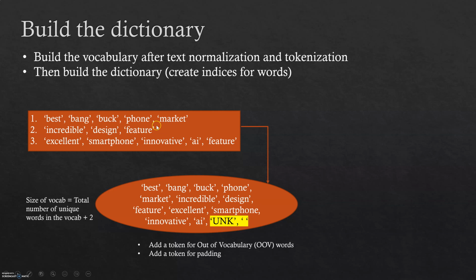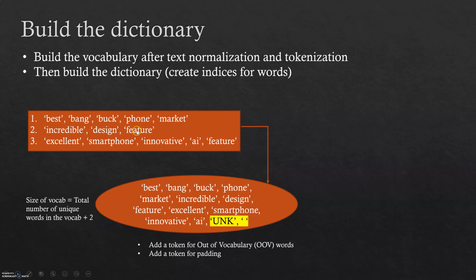The empty string is used for padding. As you can see here, these three inputs are not of the same size, but in order to feed input to the deep neural network, usually we need to have all of the inputs of the same size. So the third input contains 5 words, and the first input contains 5 words, but the second input contains only 3 words.